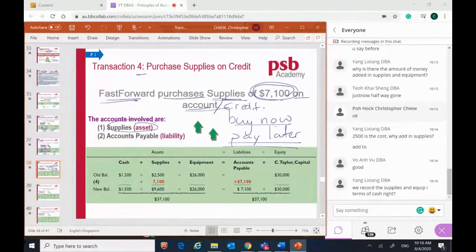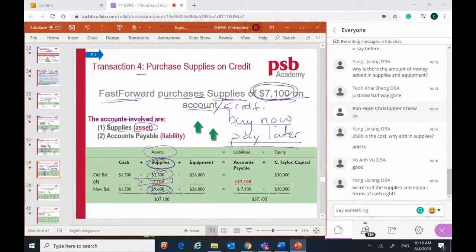Okay? So the accounting equation now, if you look at your assets, under supplies, there's an increase in your supply by 7,100. We started with $2,500 supplies. We purchased another 7,100. Total supply now is 9,600.